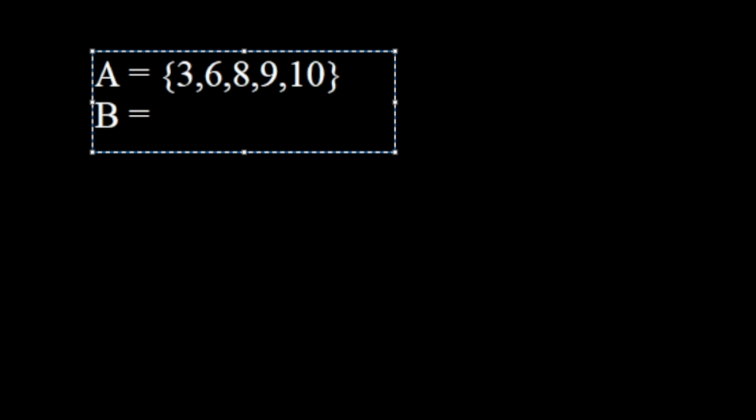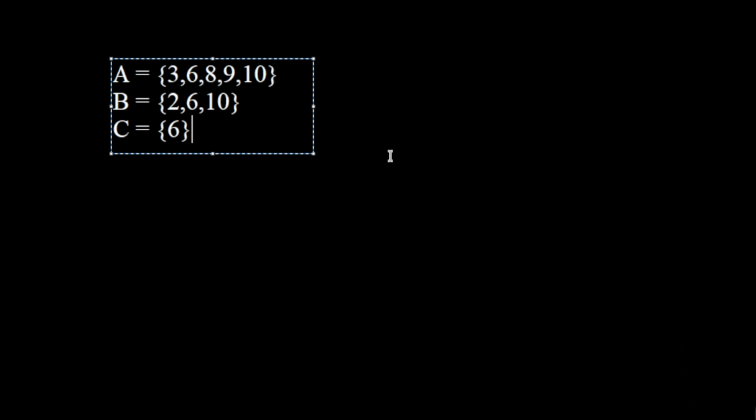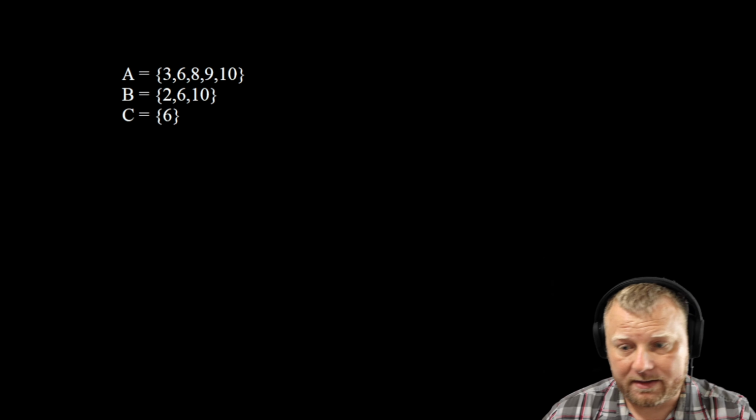B is equal to 2, 6, and 10. And then we'll say C is equal to 6 only. So it's very simple. This is going to be a simple one, but that's good.